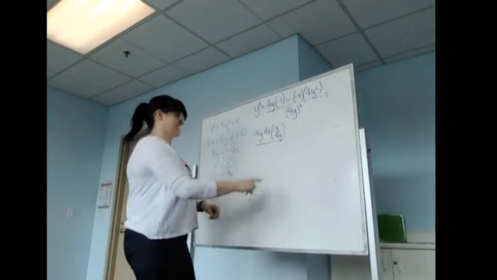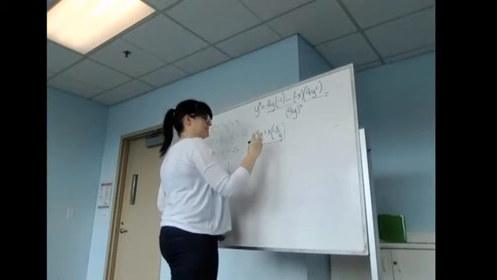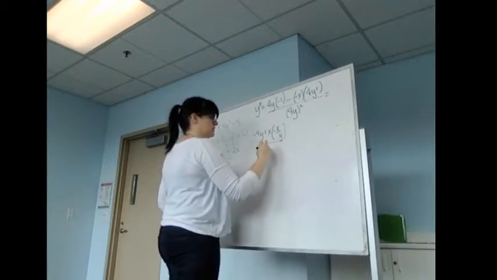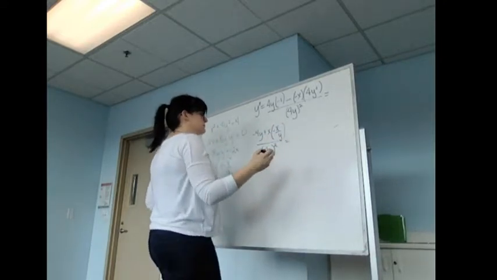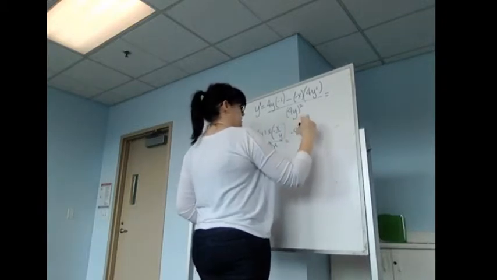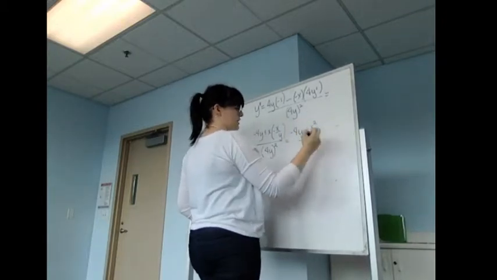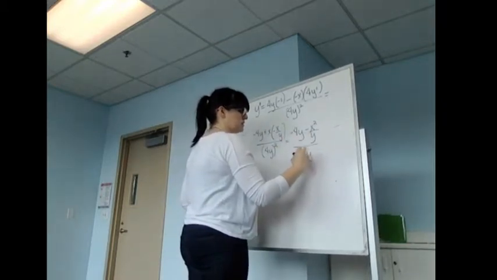Because the 4's would cancel out, and you're just left with the -x squared over y, over 4y squared, which equals -4y minus x squared over y over 16y squared.